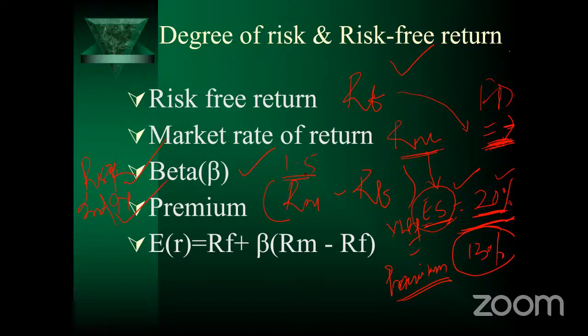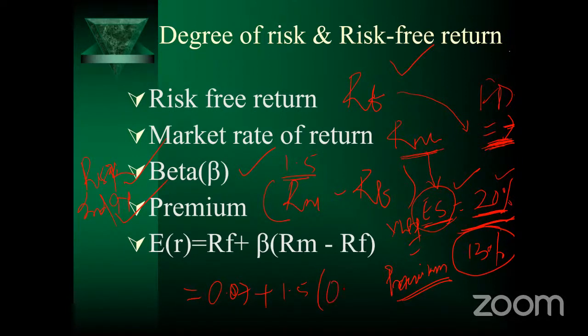So right now I can compute the expected rate of return on this particular security. Here the risk-free rate of return is 7%, that is 0.07, plus beta, already given as 1.5. This is the risk index of the individual security, the coefficient of risk of an individual security, times RM minus RF.